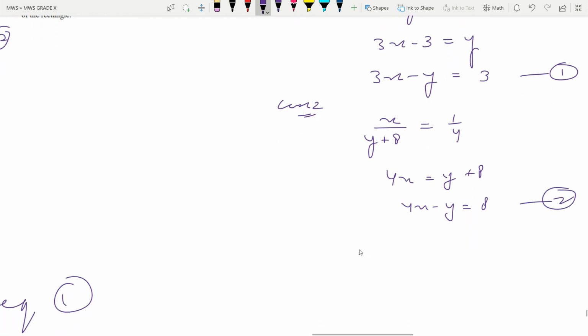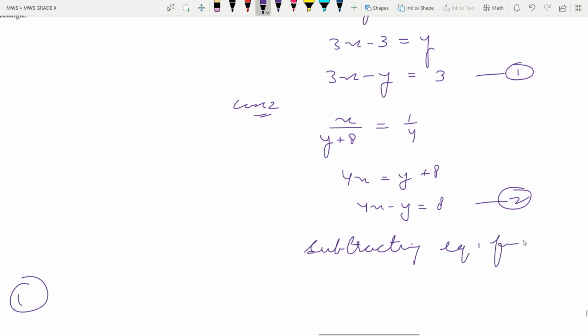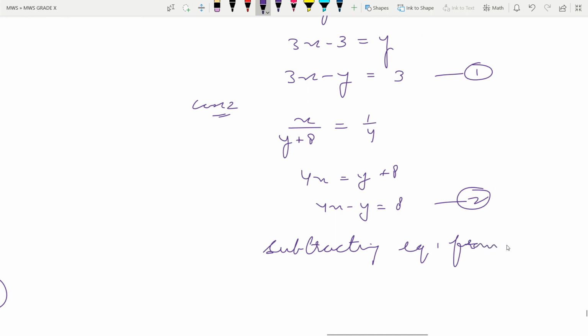So we are subtracting equation 1 from equation 2. So equation 2 is 4x minus y is equals to 8. Equation 1 is 3x minus y is equals to 3.